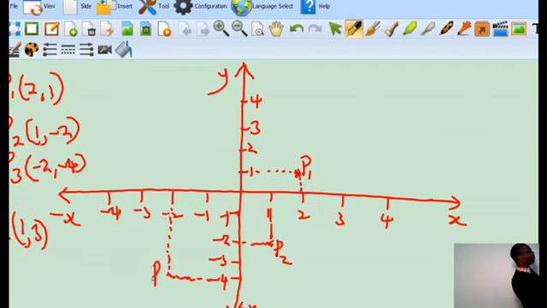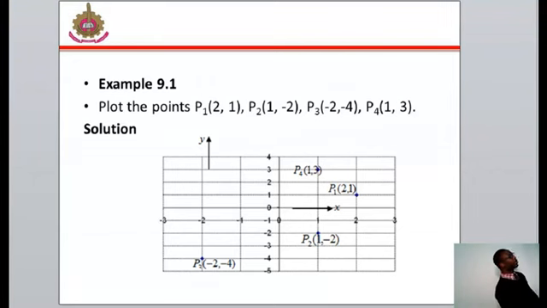This is P3. And P4 (1, 3): this is 1, then this is 3. That is our P4. Hope you understand this, just as it is drawn in the diagram.